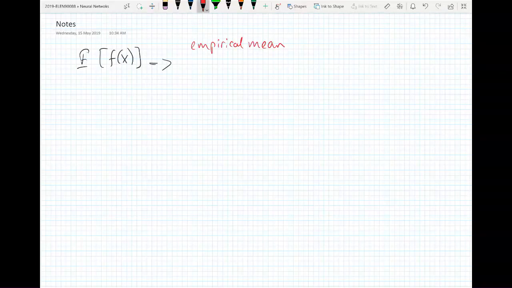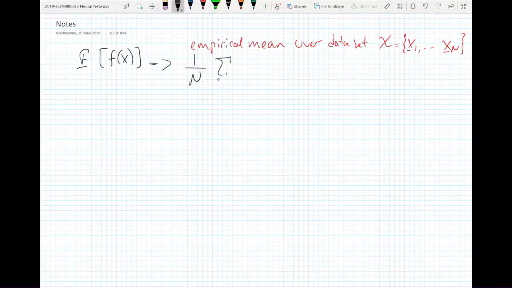For example, if you have a data set, x is x1 vector to xn vector, a data set of size n. What would be the empirical mean? Empirical mean would be then 1 over n, in this case capital N, sum over i equals 1 to n, f of xi, right?